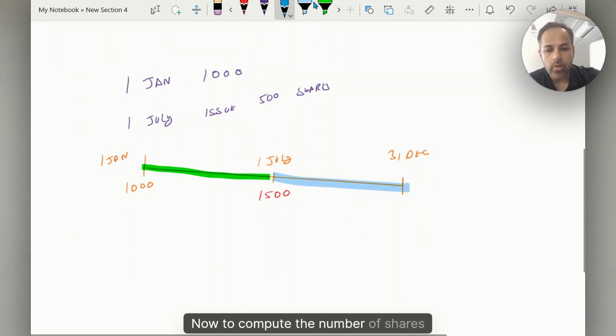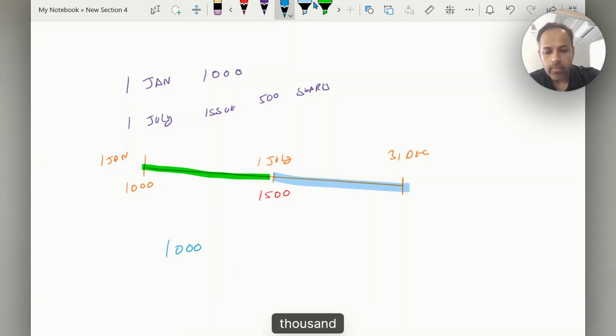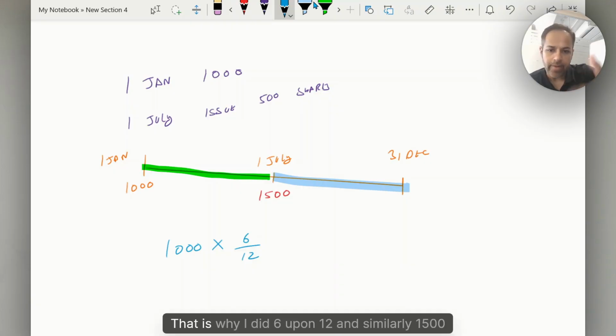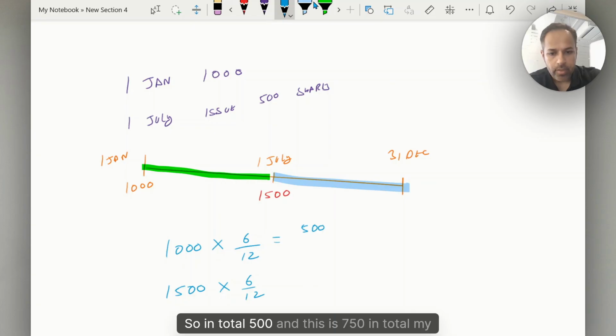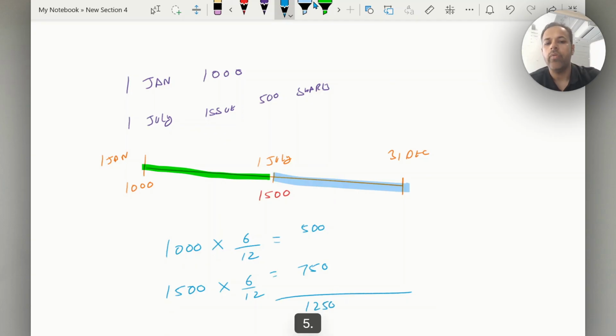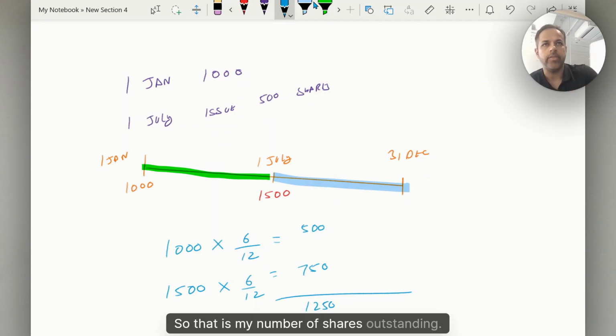Now to compute the number of shares, 1000 into 6 upon 12, because these were outstanding for 6 months. And similarly, 1500 into 6 by 12. So in total, 500 plus 750, my weighted average number of shares is 1250. That is my number of shares outstanding.